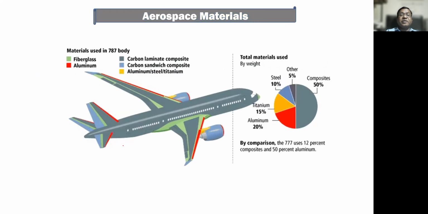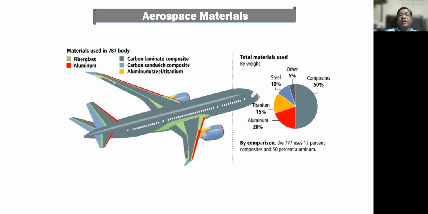Likewise, in case of aerospace materials, there is use of fiberglass, aluminum, and this red color represents aluminum. This green color is fiberglass, and the gray is a carbon laminate composite, then carbon sandwich component. This bluish gray, you can see, is aluminum, steel, or titanium.